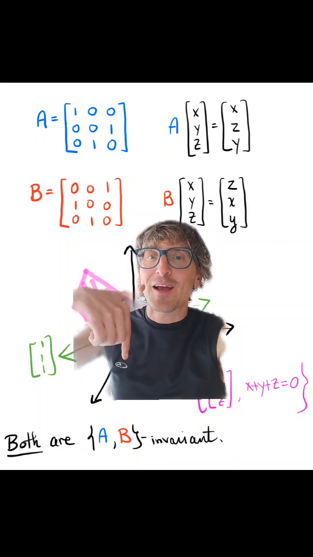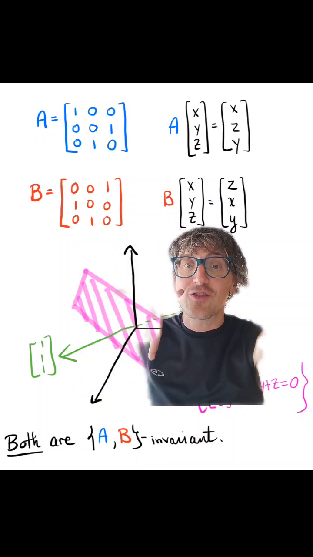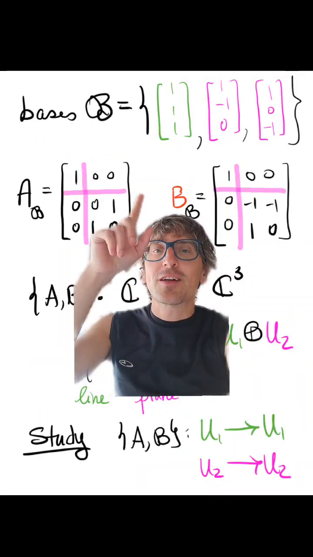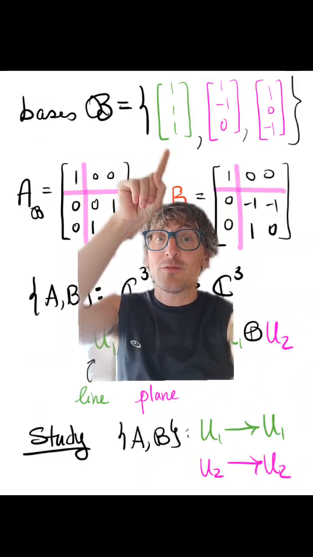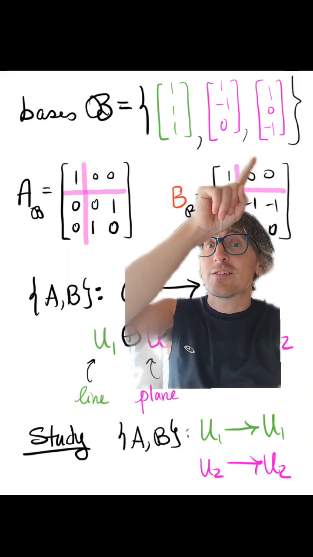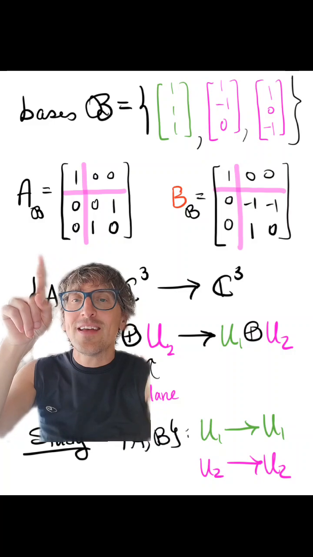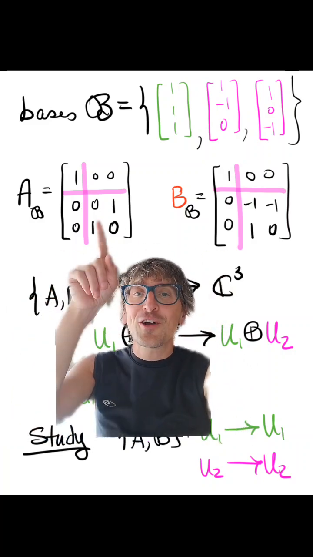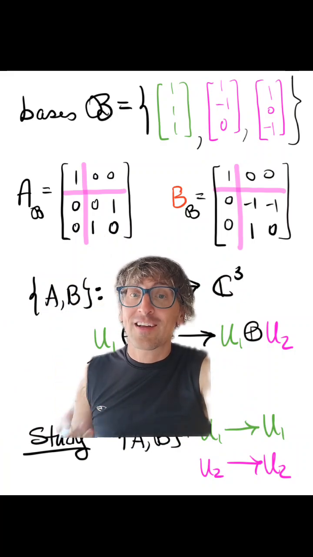And so if I make up this notation down here, we might say that these two spaces are A and B invariant. And this is how the first video is going to end, because if we take the green one-dimensional space, and pick a basis for that pink space, and write down these matrices with respect to the same basis for both of them, look at what we get. We get some sort of block matrices.